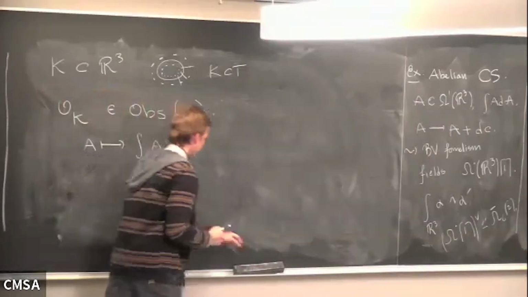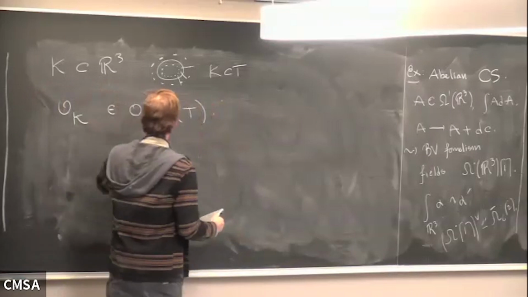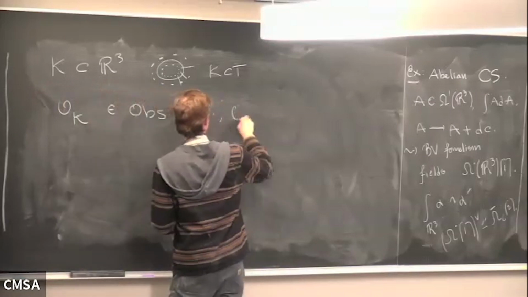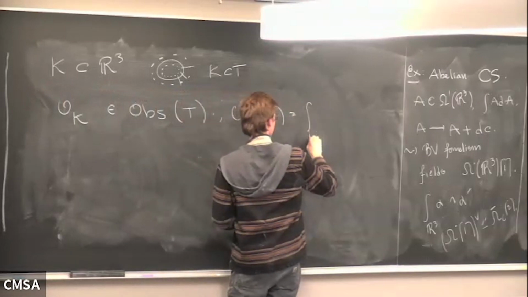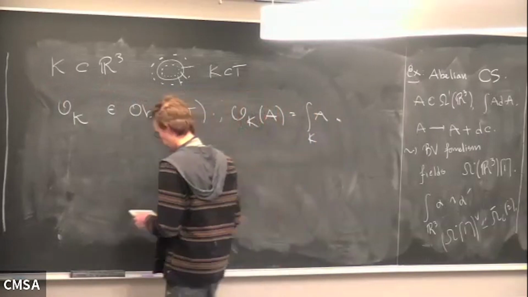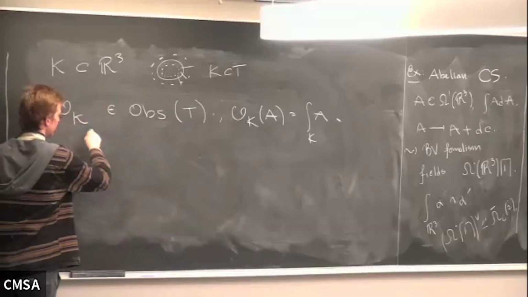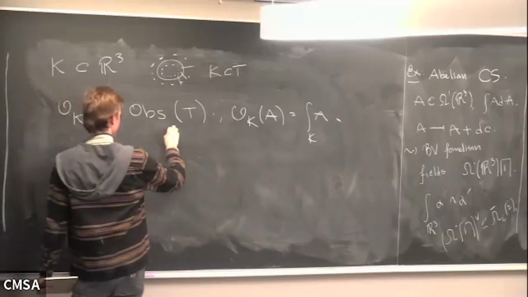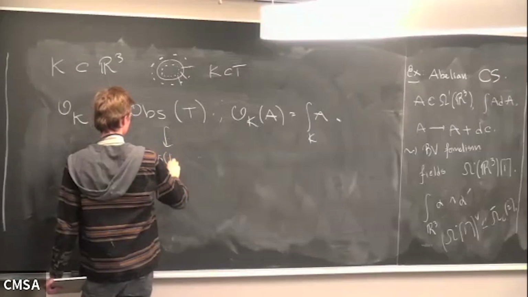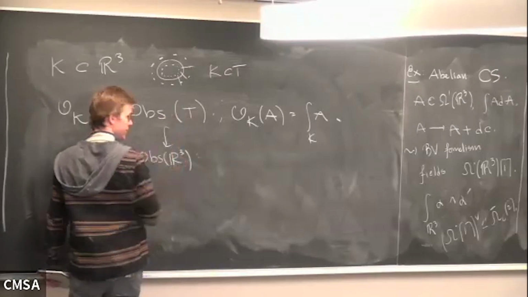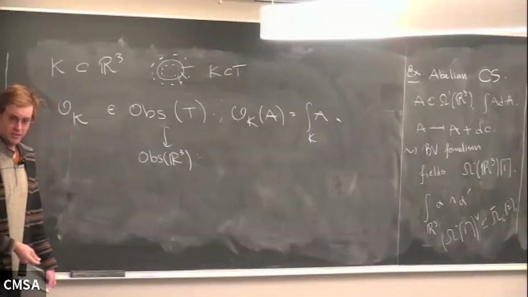Now, there's a structure map here where I can embed the tubular neighborhood into all of R3.